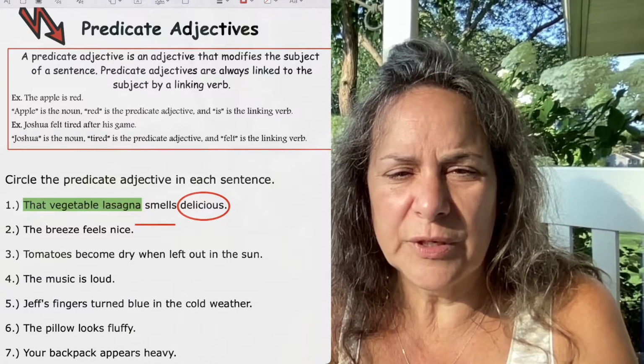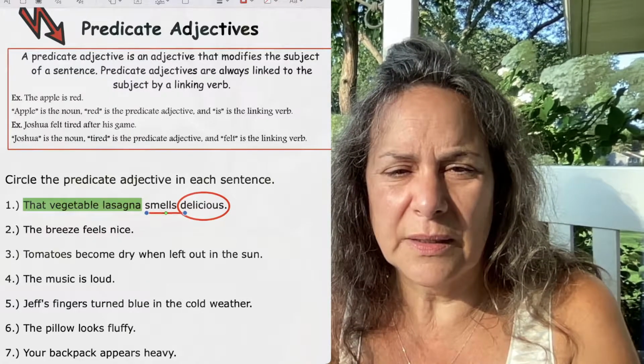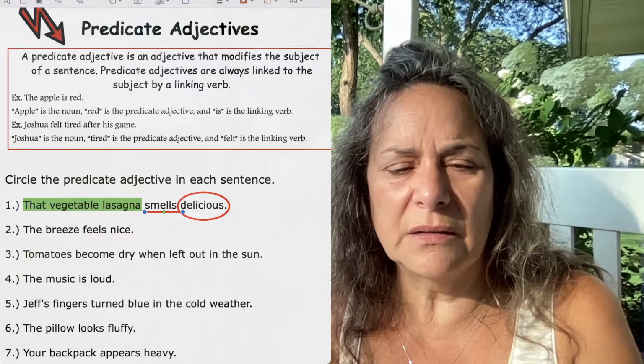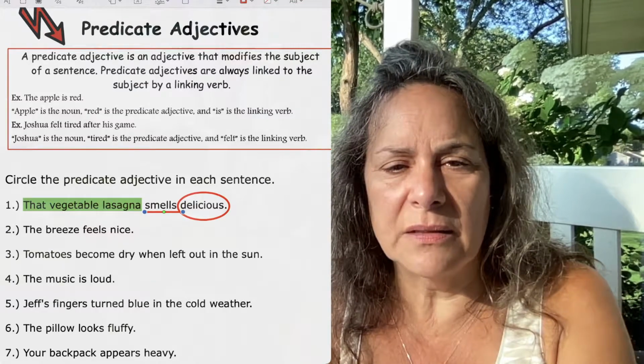Couldn't grab that for some reason. Well, because I wasn't clicking on it. There's our linking verb, smells.